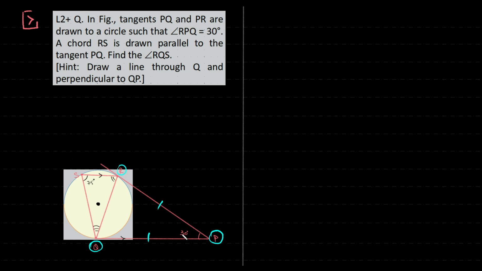The reason being tangents from an external point are of equal length. So these two angles are equal. Because this is 30, these two angles will be 75, 75. So this also will be 75. 75, 75, 150. So this will be 30 degrees. That's so weird. This is also 30, that is also 30.